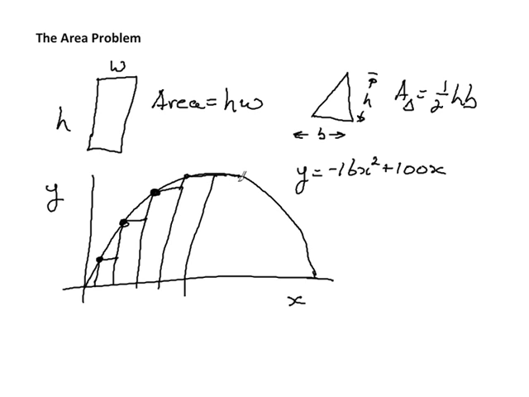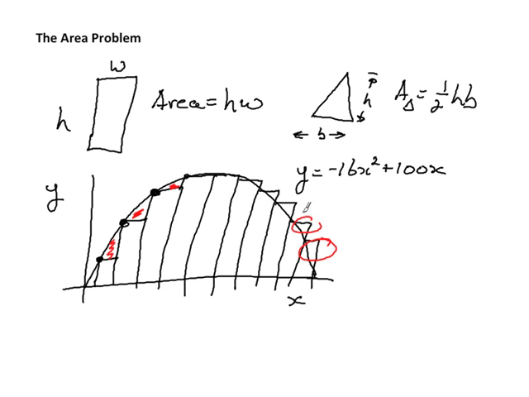If I do this, then by adding up all the areas of these rectangles, I can actually get an idea of what the area is under the curve. Now, there's obviously some immediate problems. See here, I skip all this. This is all underestimation. Over here is overestimation.